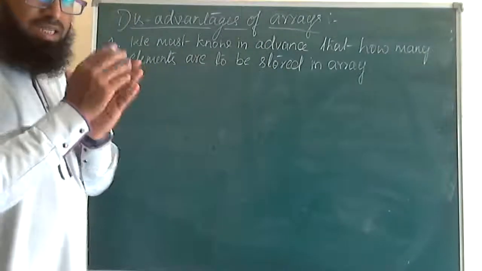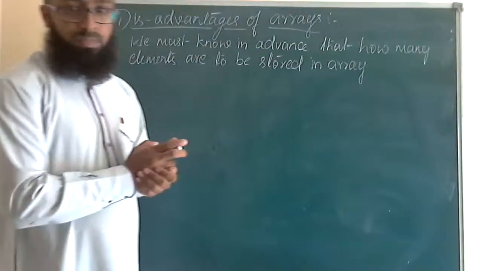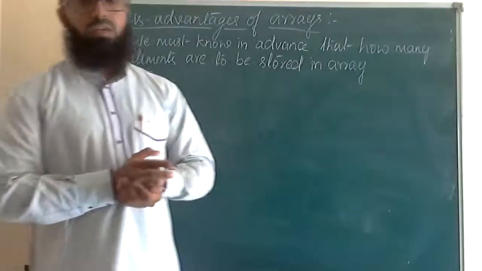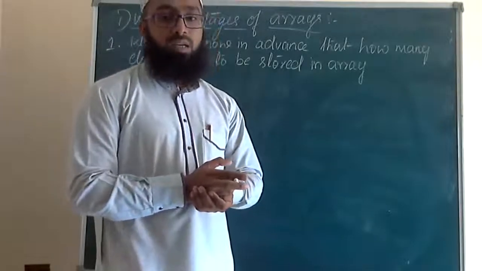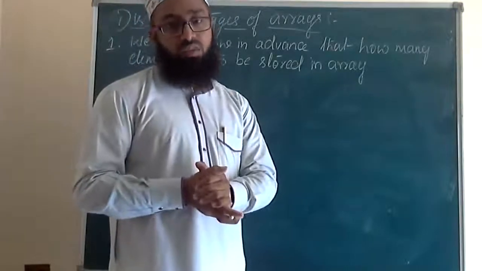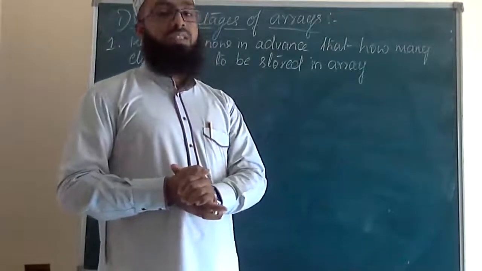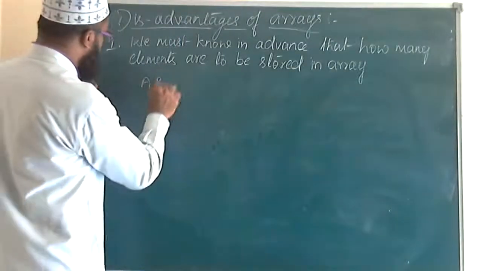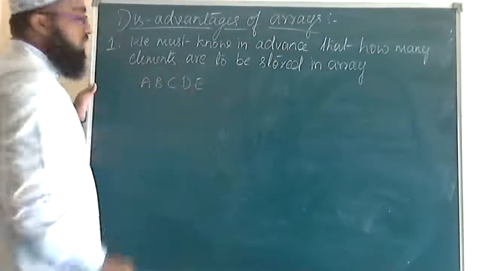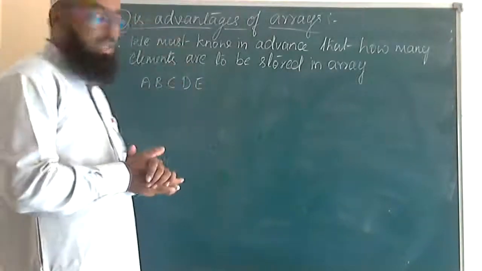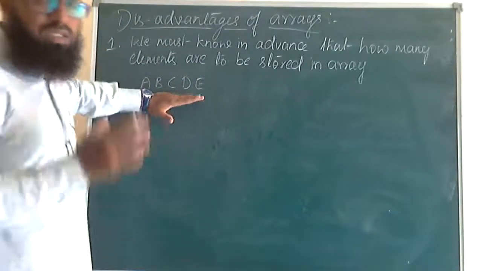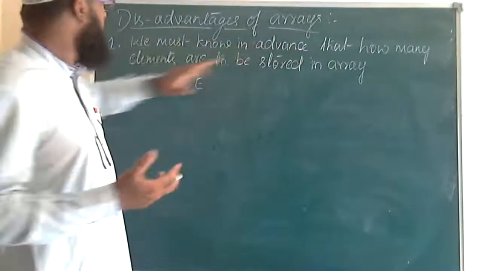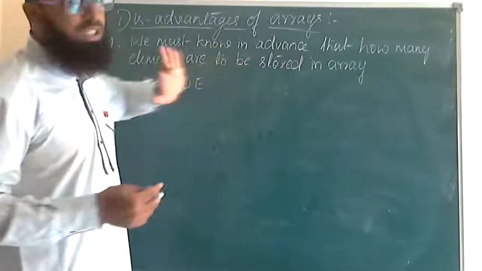If you want to create an array, either a one-dimensional array or a two-dimensional array, what is the disadvantage? If we want to insert the elements a, b, c, d, e, then we have to know in advance that five elements are to be stored in the array.